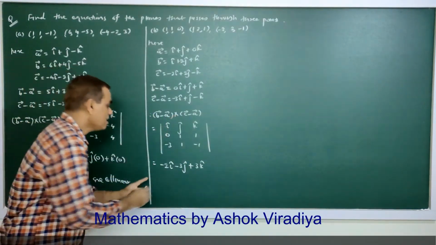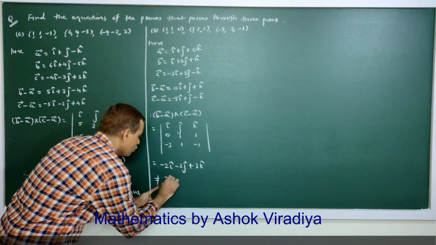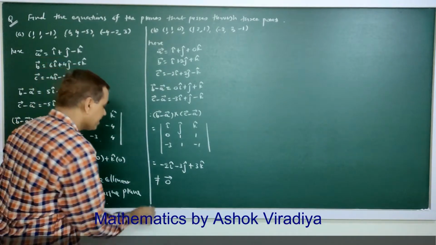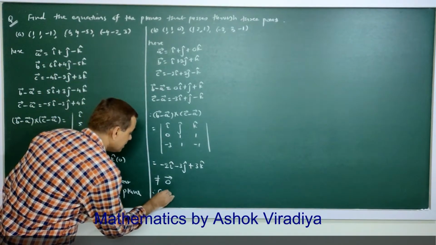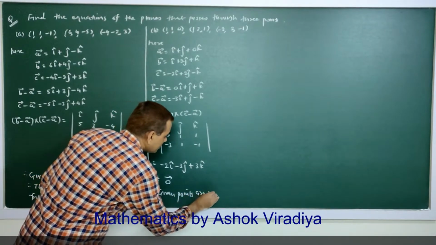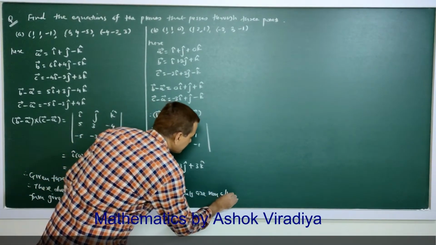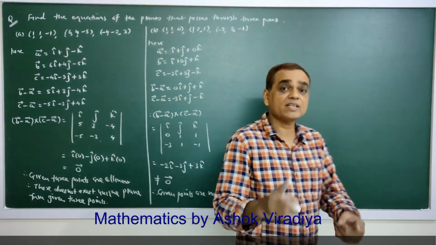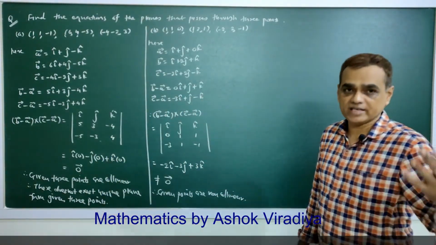So this is not a zero vector. So the points are non-collinear. Therefore, the given points are non-collinear, and because the given points are non-collinear, there exists a unique plane.